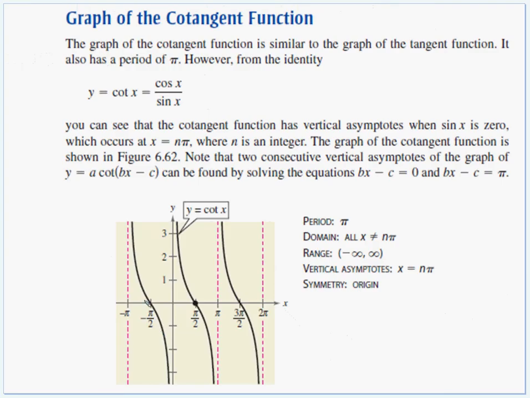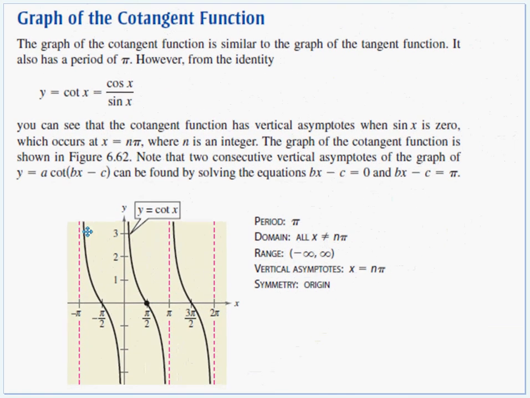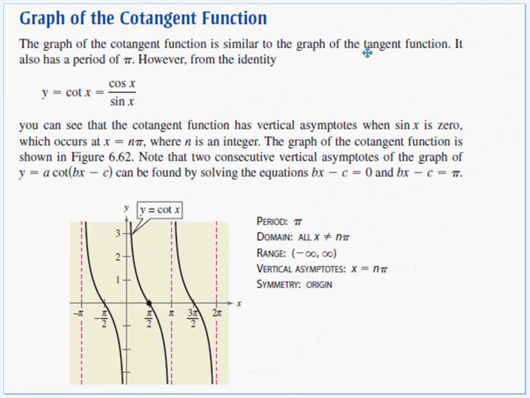Okay. Up next now is cotan. Now cotan is just the reciprocal of tangent. You'll see that the graph is very similar with only a couple small changes. So the graph of cotan is similar to the graph of tan. It also has a period of pi. However, from the identity, cotan is cos over sine.